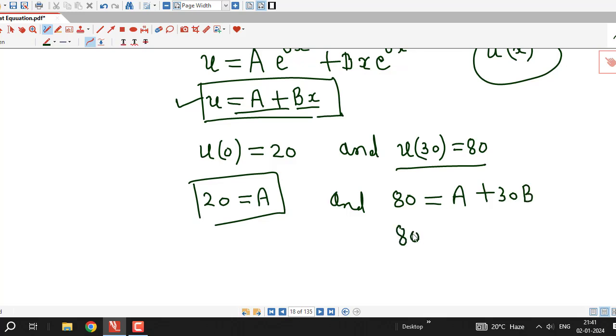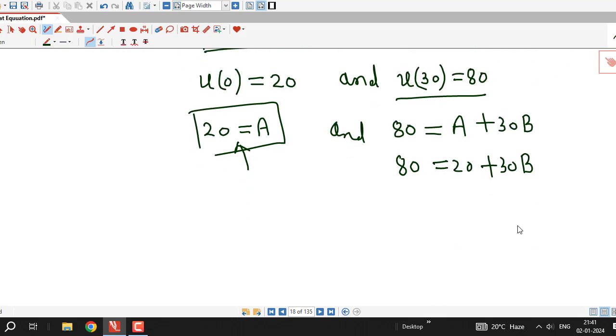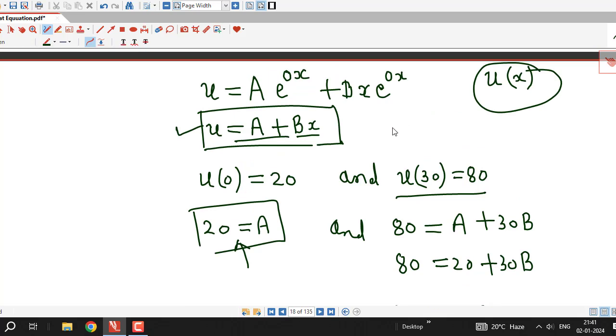Now a is 20, so we substitute here, plus 30 times b. Therefore 30 times b equal to 80 minus 20, that is 60. Therefore b equal to 2. Once we obtain a and b, we substitute them here. So a is 20 and b is 2.